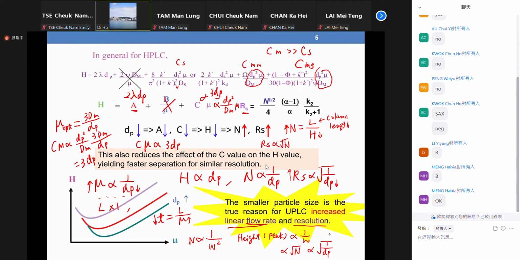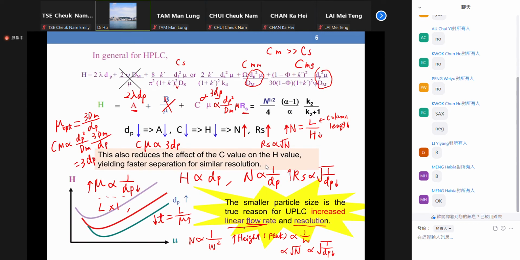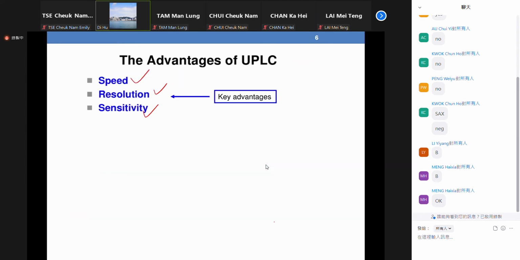So if your dp decreases, the height increases by the square root. That's why it means sensitivity. So you get high speed, better resolution, and higher sensitivity.